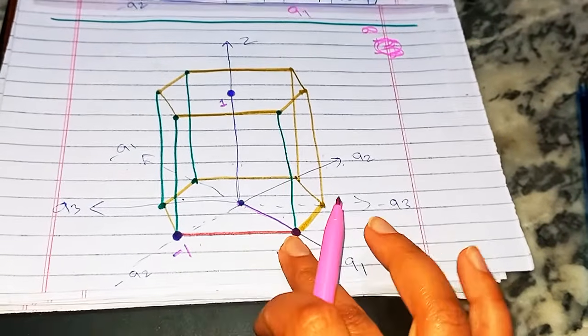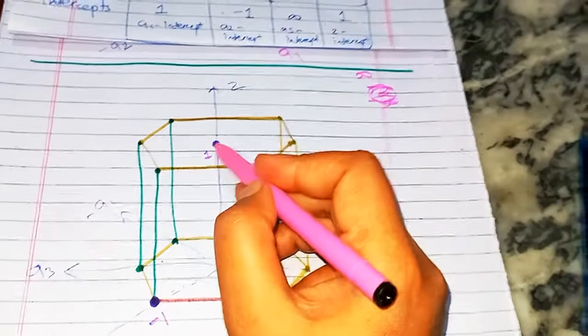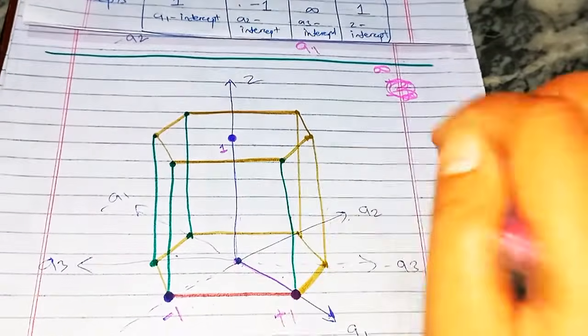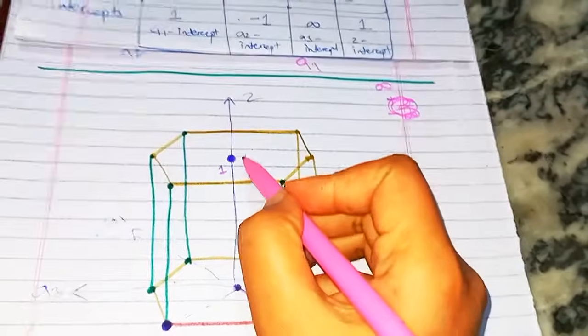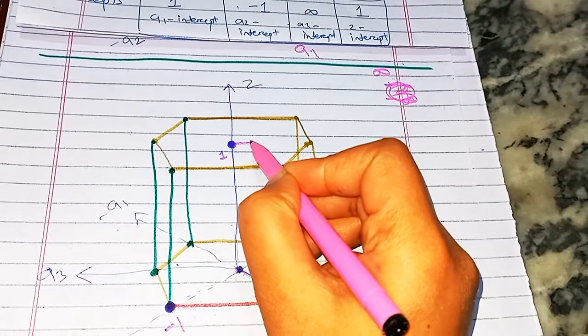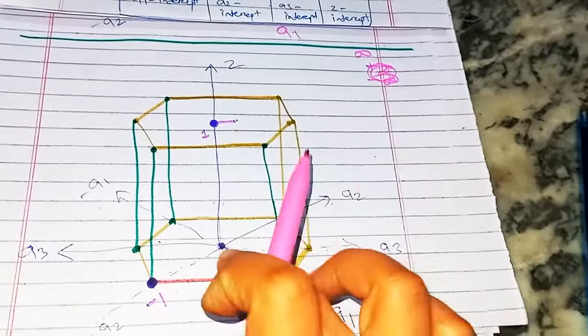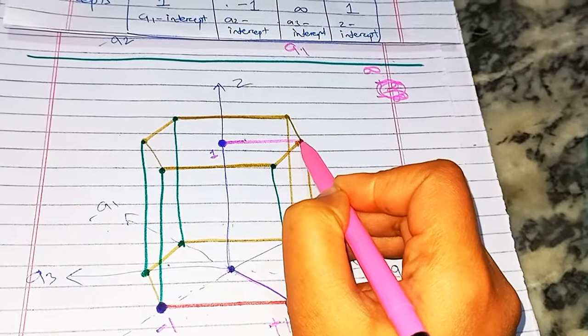Now from this point, a really interesting point, you can see it's the center point, and this horizontal line will be parallel to A3 direction. So starting from this point, I'll draw a parallel line along A3 direction. This is A3 direction, negative A3 direction. So we'll stop at the other corner of the unit cell.